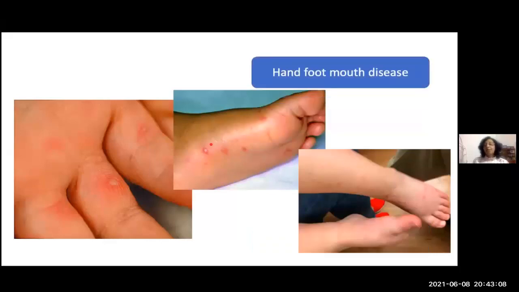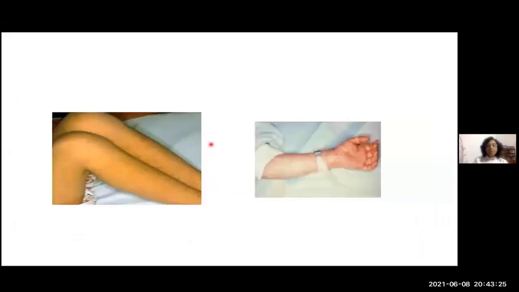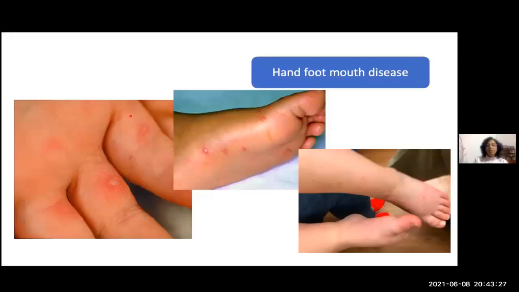This is hand, foot, and mouth disease. It's a common viral infection. Again, we see them as clusters, when many cases come together, right? So again, you can say it's quite seasonal. It's caused by the Coxsackie A virus.